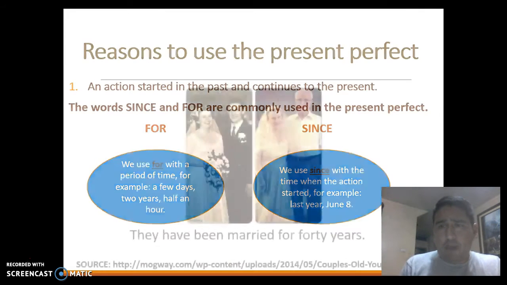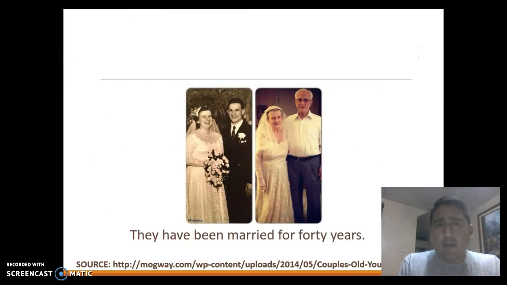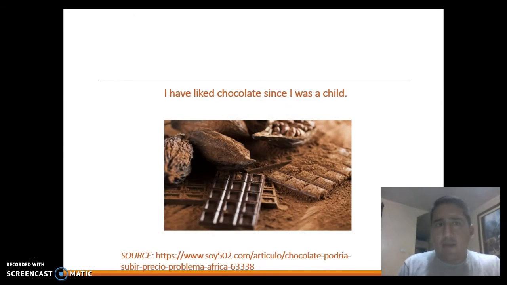Now I'm going to provide a few examples. The first one: they have been married for 40 years. The action started in the past, 40 years ago, and continues to the present. They're still married, they're happy, as we can see in the picture. Next example: I have liked chocolate since I was a child. When I was a child, my mother gave me chocolate.